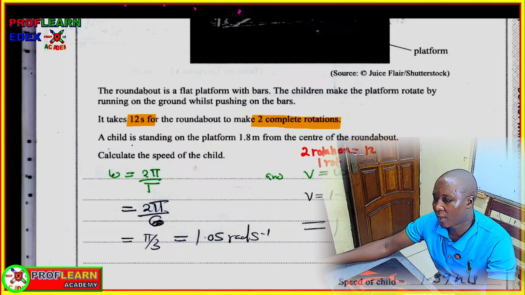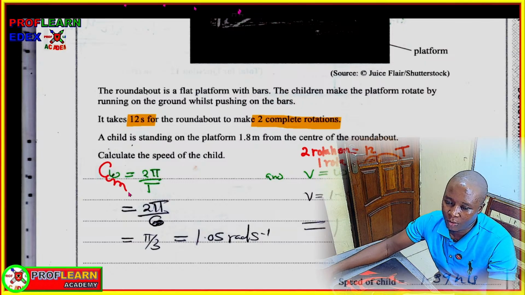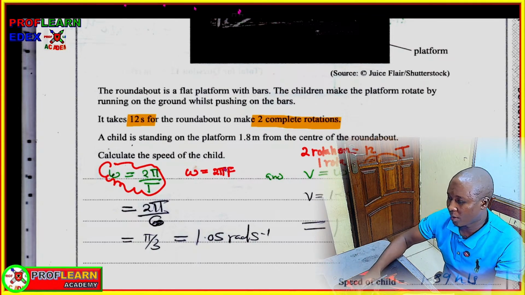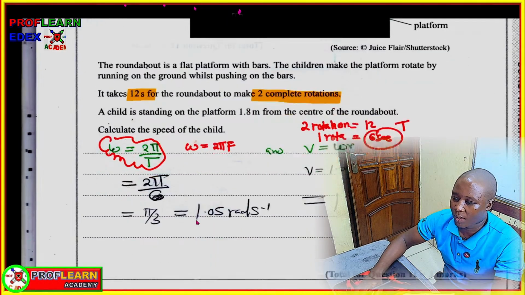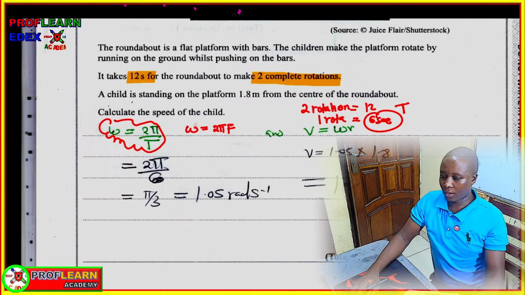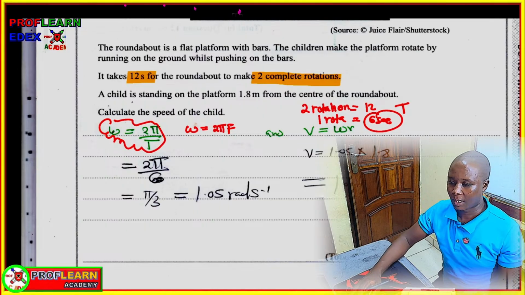So you are going to find 1 rotation is equal to 6 seconds, and that is now what we call the time period. So angular velocity is given by 2 pi over T, or angular velocity is given by 2 pi f. So in that case, if you work it out, you're going to get the angular velocity being equivalent to 1.05 rad per second.